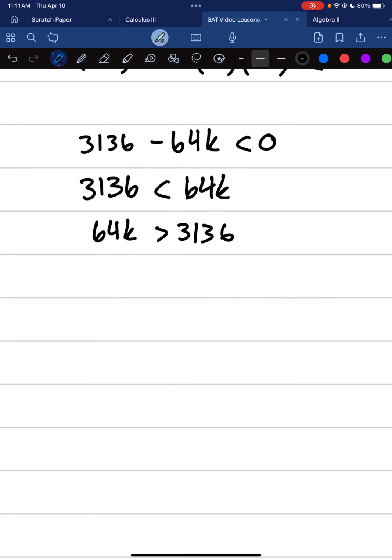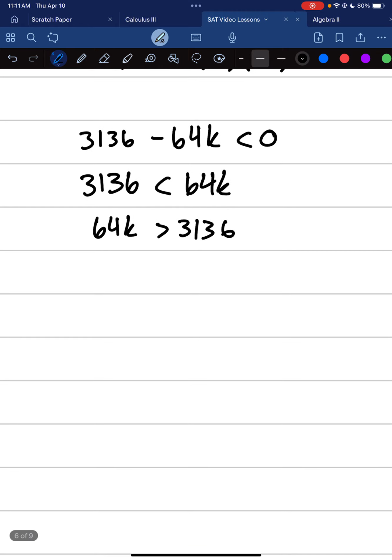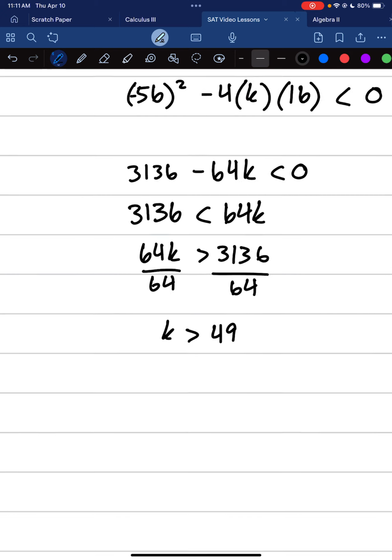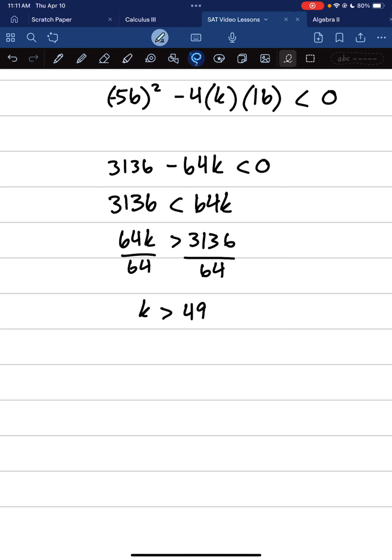Now what I can do is divide both sides by 64, and if I do that, I end up with k is greater than 49. So I know that if I want my discriminant to be negative, I want my k value to be greater than 49. And let's take a look at why that's true.